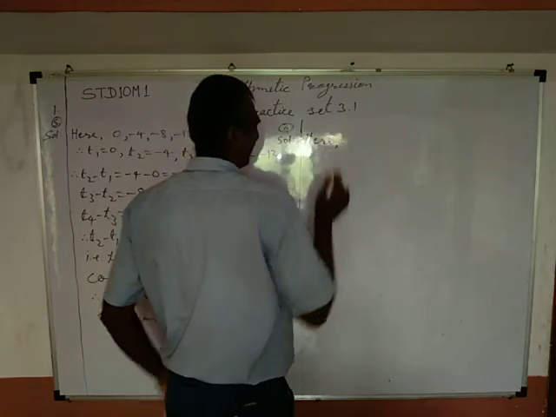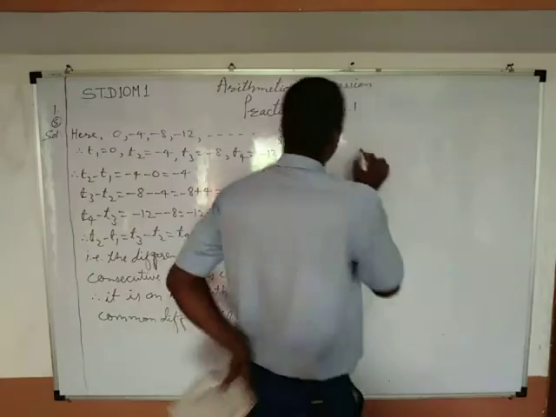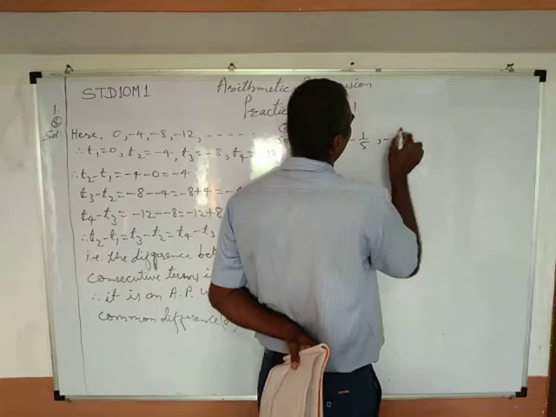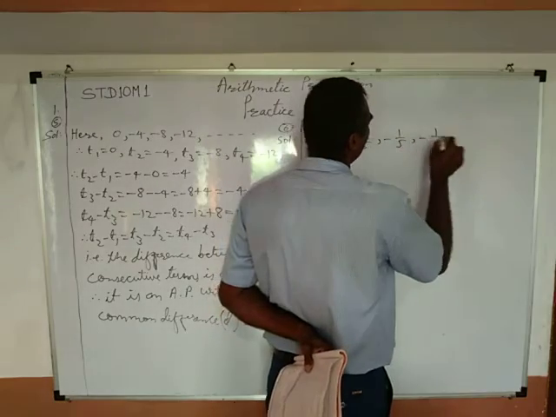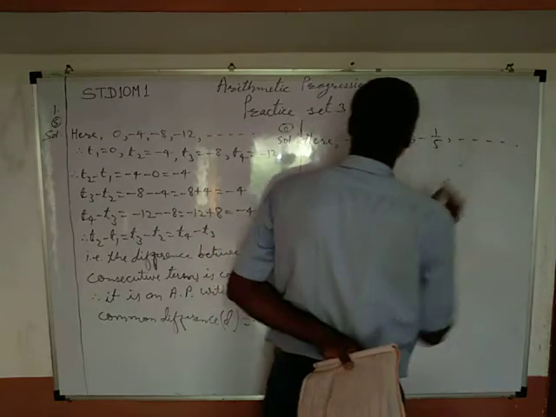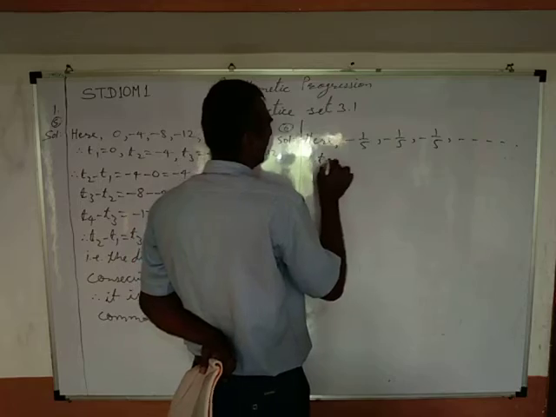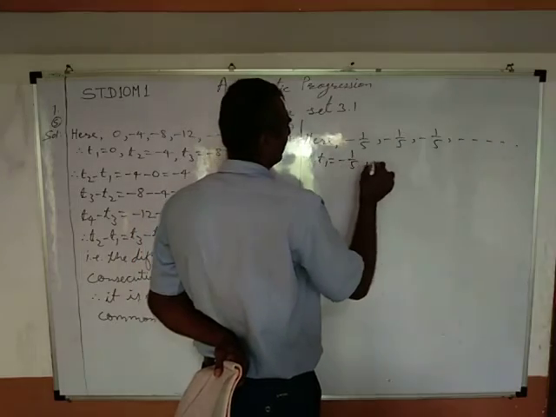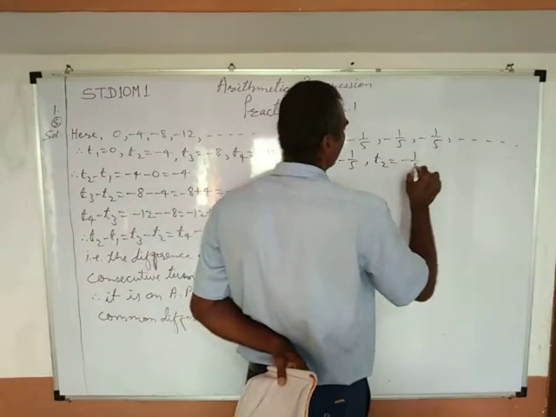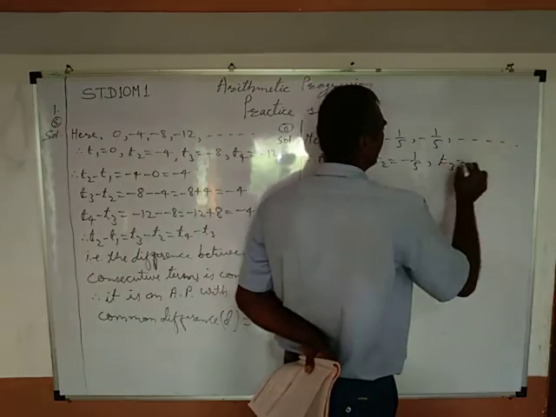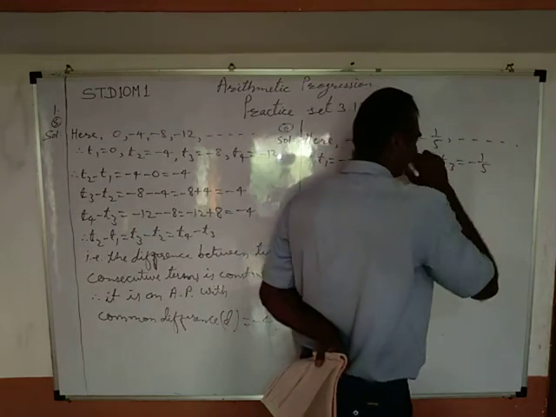Here, the given sequence is -1/5, -1/5, -1/5, and so on, and therefore T1 equals -1/5, T2 equals -1/5, T3 equals -1/5.